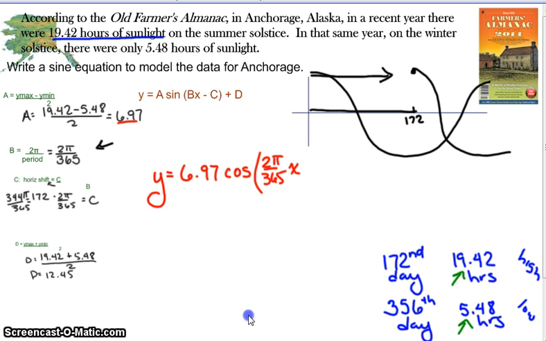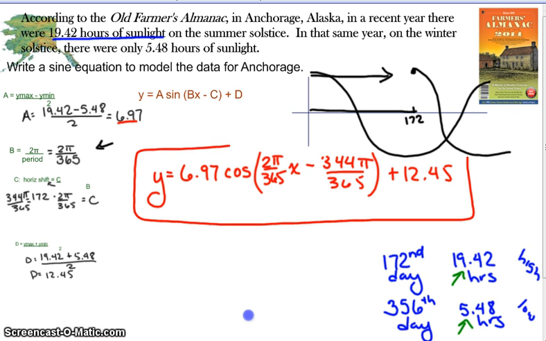And then we're going to go minus C. We came up with 344 pi over 365 plus 12.45. Here is my final equation for modeling the hours of sunlight they get.